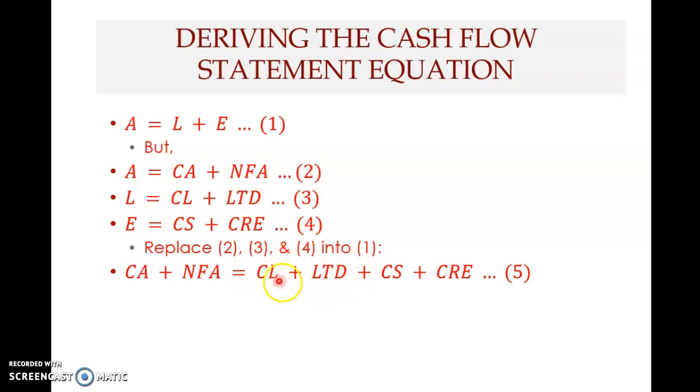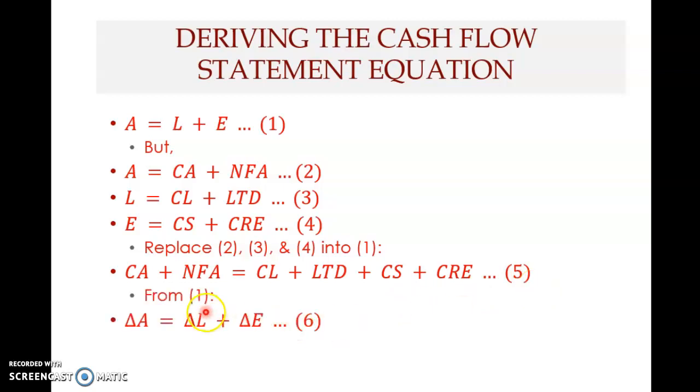Then equity changes to common stock plus cumulative retained earnings. So equation 5 is basically equation 1, but considering equations 2 to 4. We replace these into equation 1, then we get equation number 5. I hope that is clear. No issues there, I think. Everyone should follow until this point.